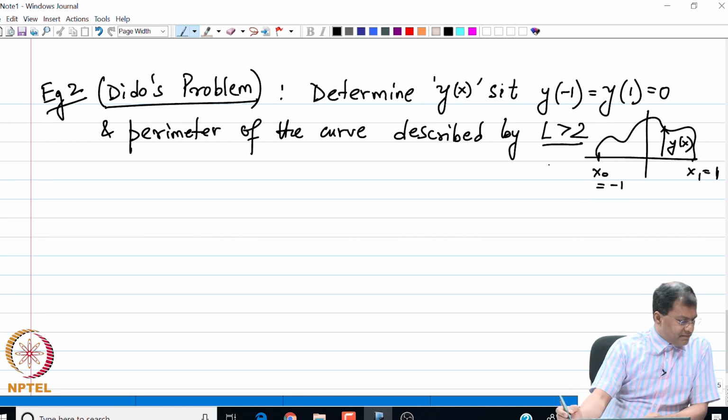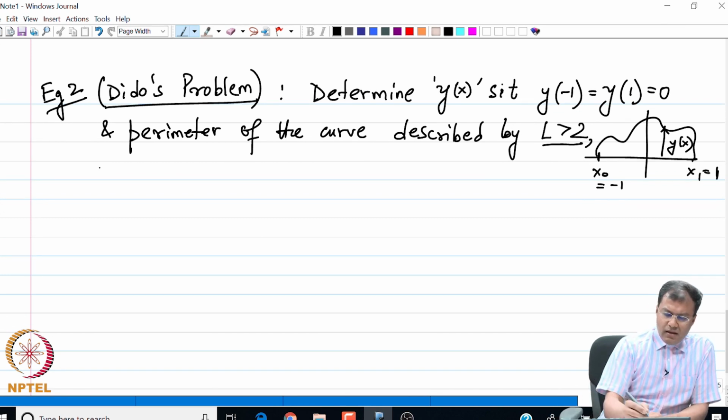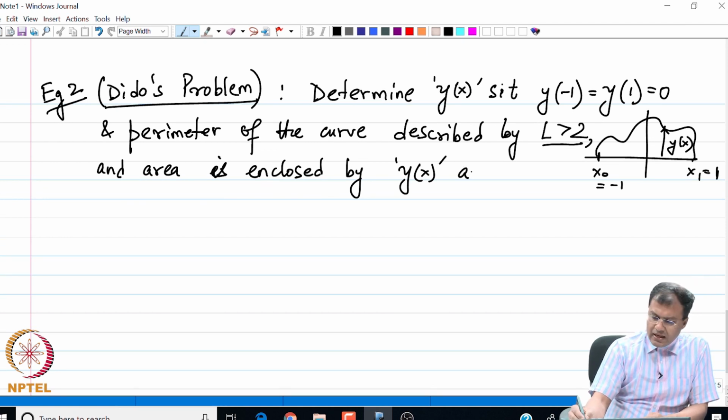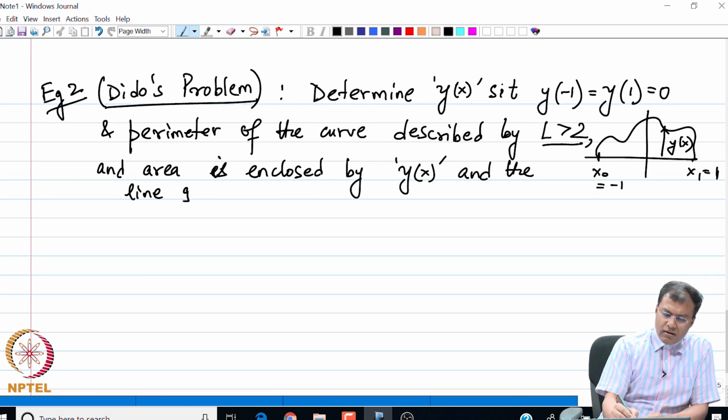So then, the area that we describe is enclosed by this function y of x and the line segment from minus 1 to 1.